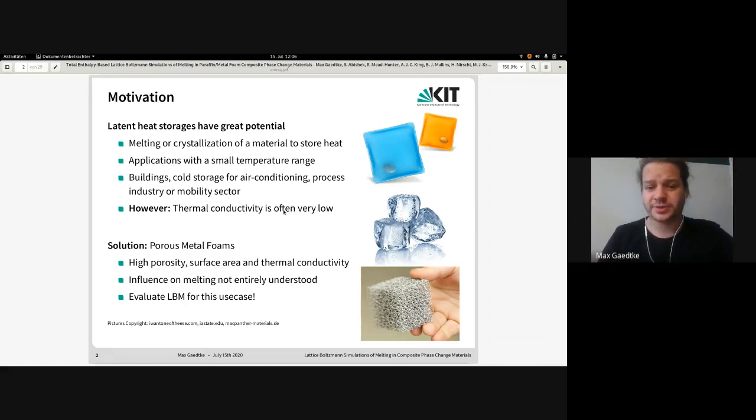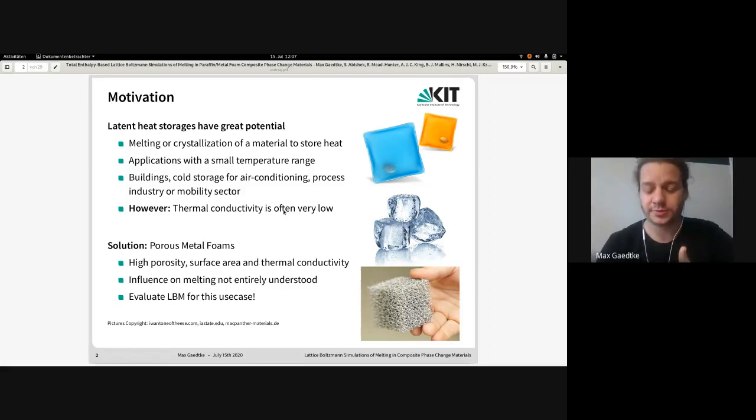However, both these processes have a very long time range. You might even want that in the case of the pocket warmer, but in a technical environment, you can't live with that. It's taking so long that your demanded heat or cold is not there when you need it. So the thermal conductivity is much too low.